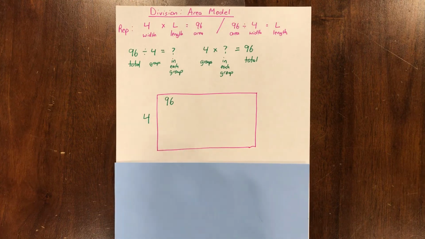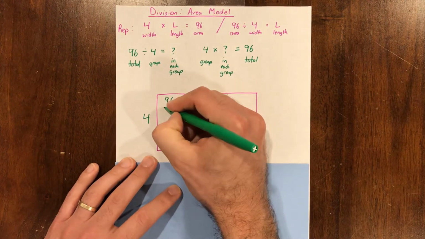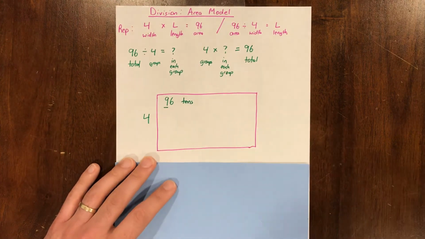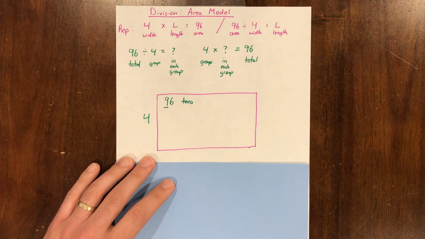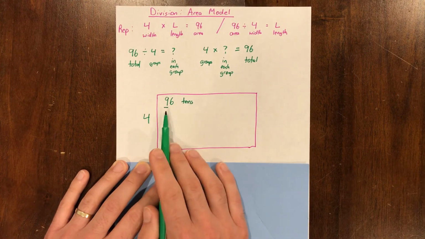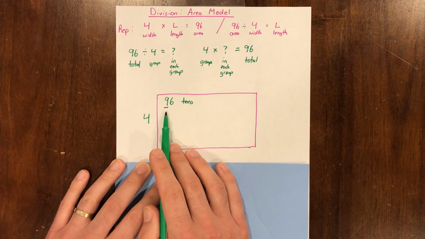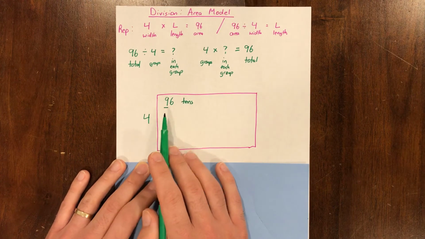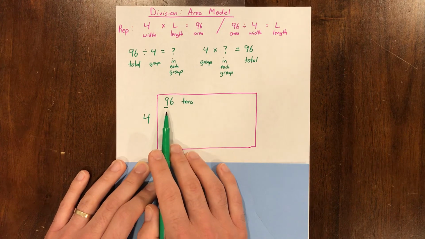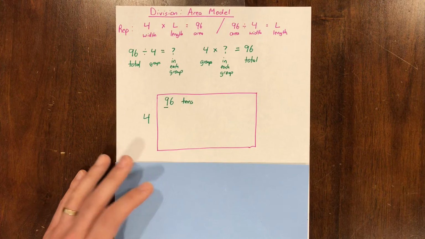Go ahead and say it out loud. Yeah, it's the tens, right? We have 9 tens. Okay, so let's think, what factor could we multiply our divisor by to get this part of the area? What could we multiply 4 by to get as close as possible to 90? Go ahead and say it out loud.